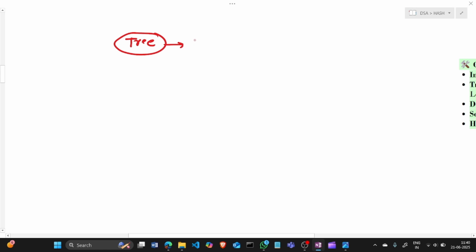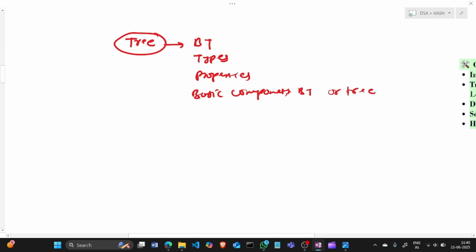Tree. Also we are focusing on the binary tree, types of binary tree, and properties, basic components of a binary tree or any tree, and operations.